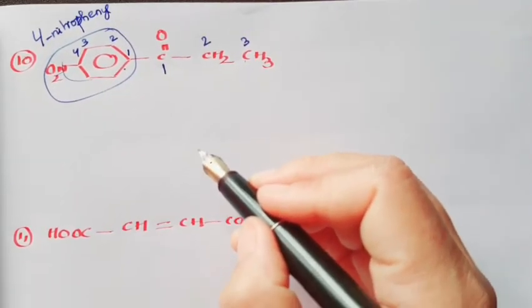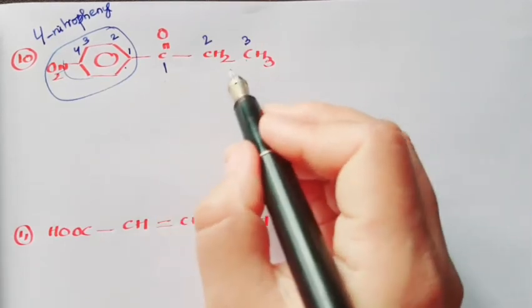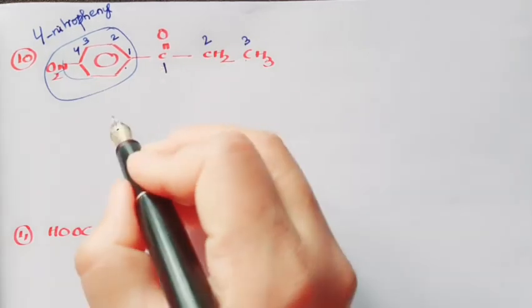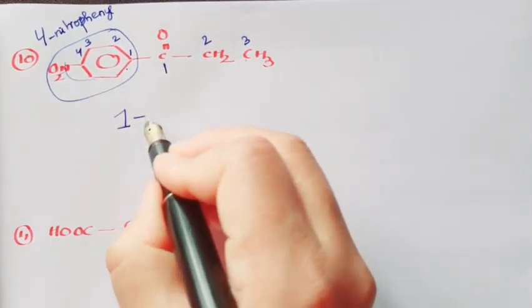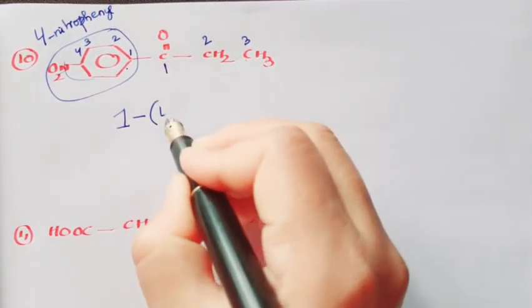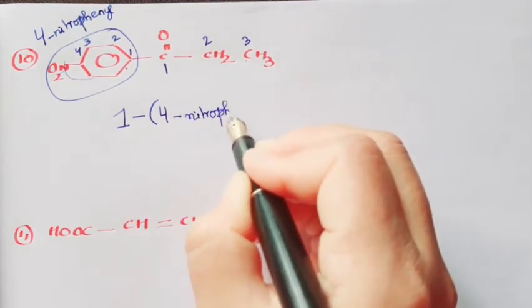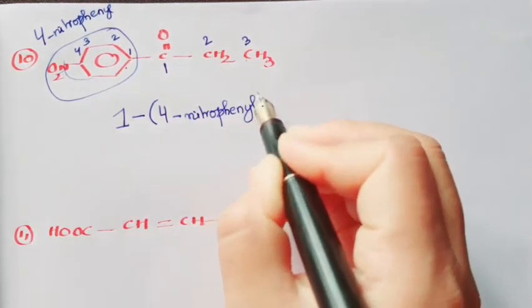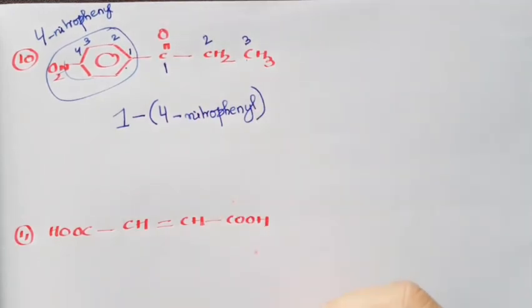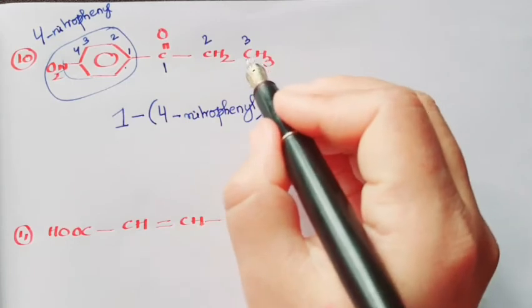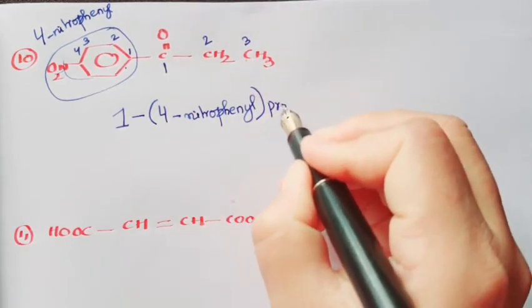Okay. Now how to name this compound? First we'll write down the name of the substituent. This is a complex one, so put this inside brackets: 4-nitrophenyl, then bracket closed. Substituent names are over. Now the word root: how many carbons are there? 3, so prop.